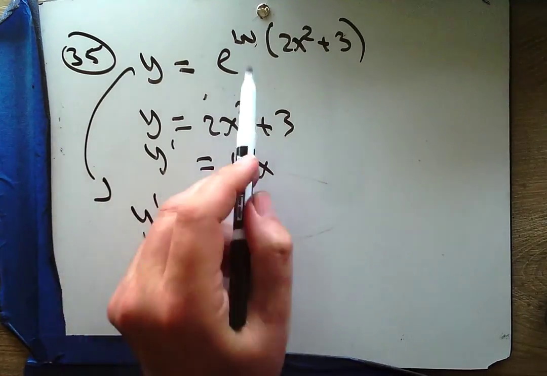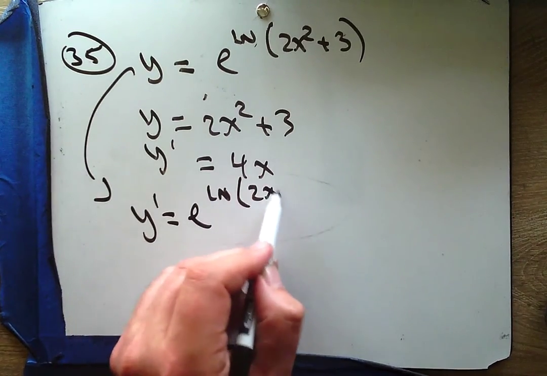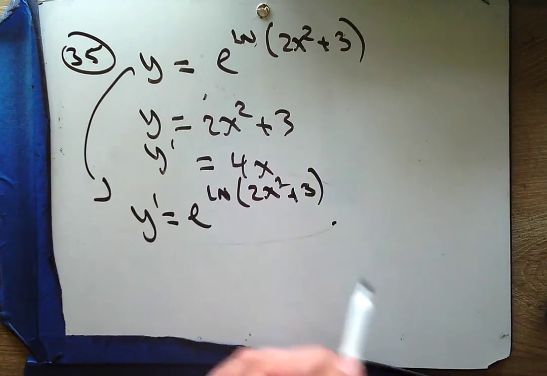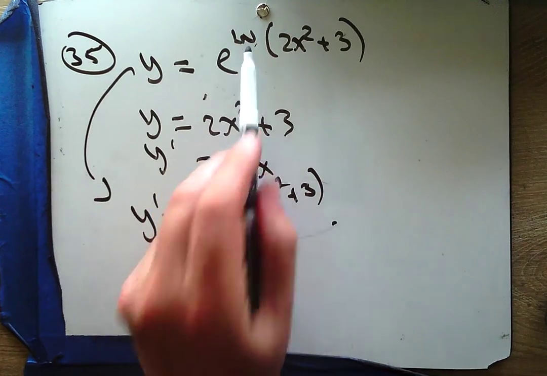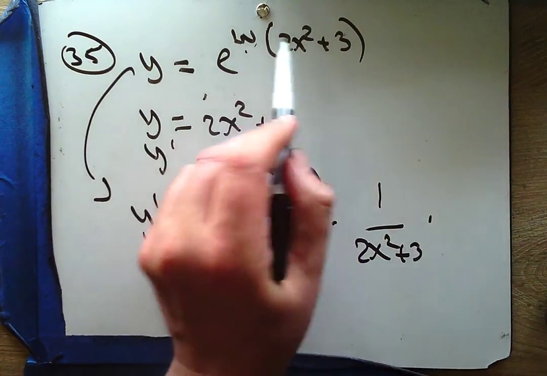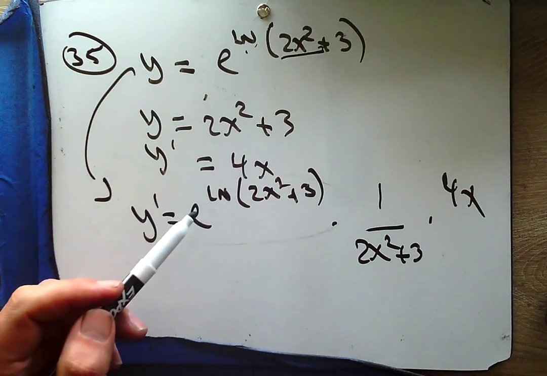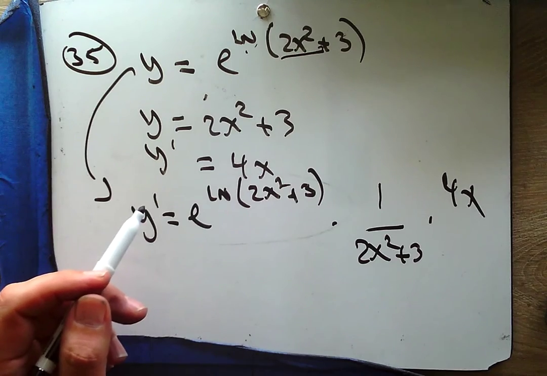Derivative would be itself times the derivative of ln is 1 over stuff times the derivative of stuff. Okay. Mr. Kukla, that doesn't turn into the other one.